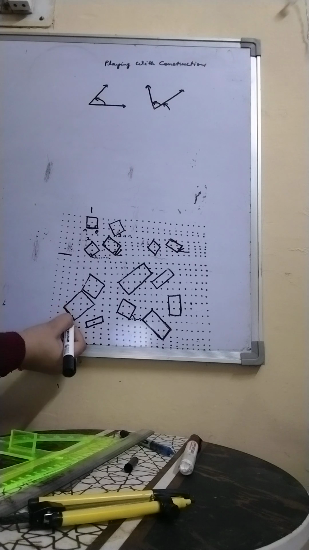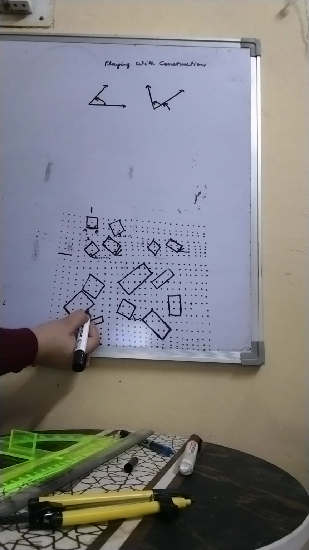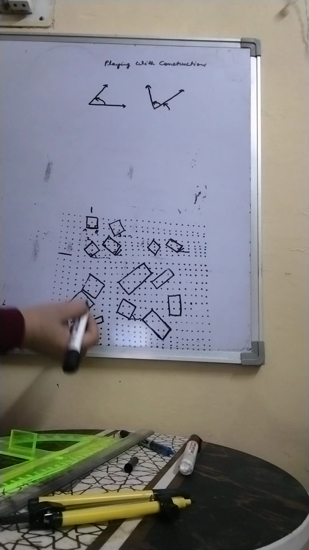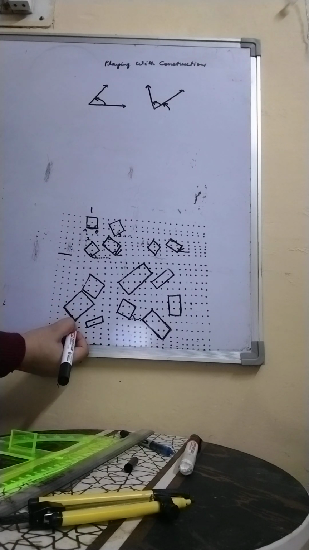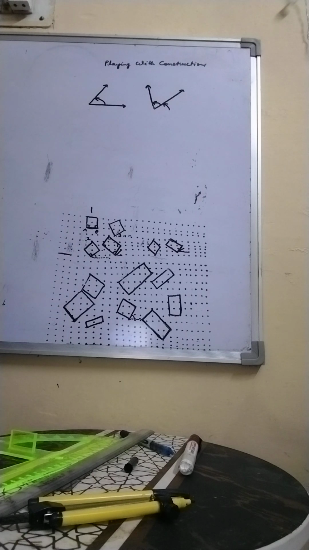So basically this is a bit rough figure, but when you have dot paper you would definitely get the exact figures of rectangle and square. Now I hope you have understood the square.